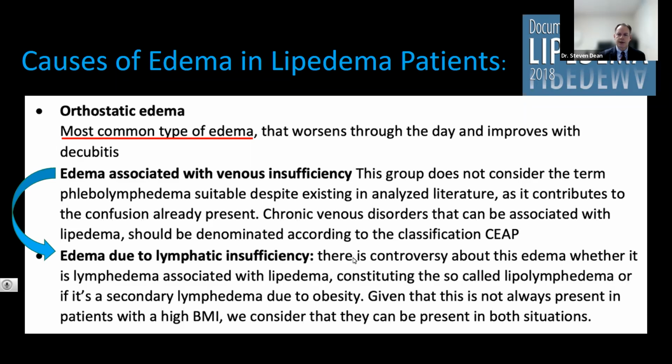You can see here they state that there is controversy about this edema, whether it's lymphedema associated with lipedema constituting the so-called lipo-lymphedema, or if it's a secondary lymphedema simply due to obesity. And I agree with the authors that both of these are probably factors in the setting of lipedema. And again, we're going to discuss these pathomechanisms.